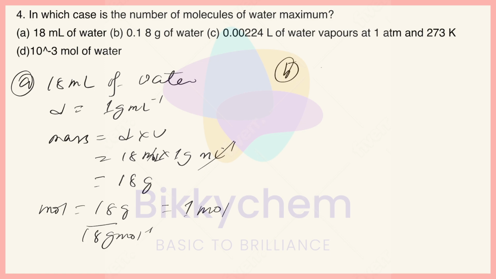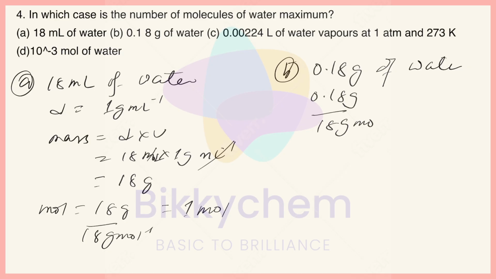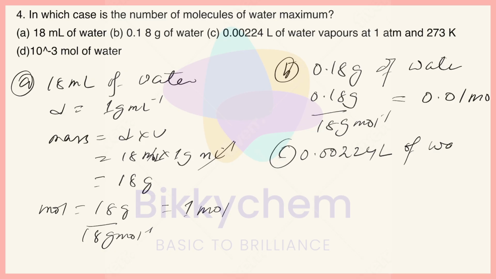Let's take B, 0.18 gram of water. So here 0.18 by 18 gram per mole, which equals 0.01 mole. C will be 0.00224 liter of water, where 1 mole is always equal to 22.4 liter.